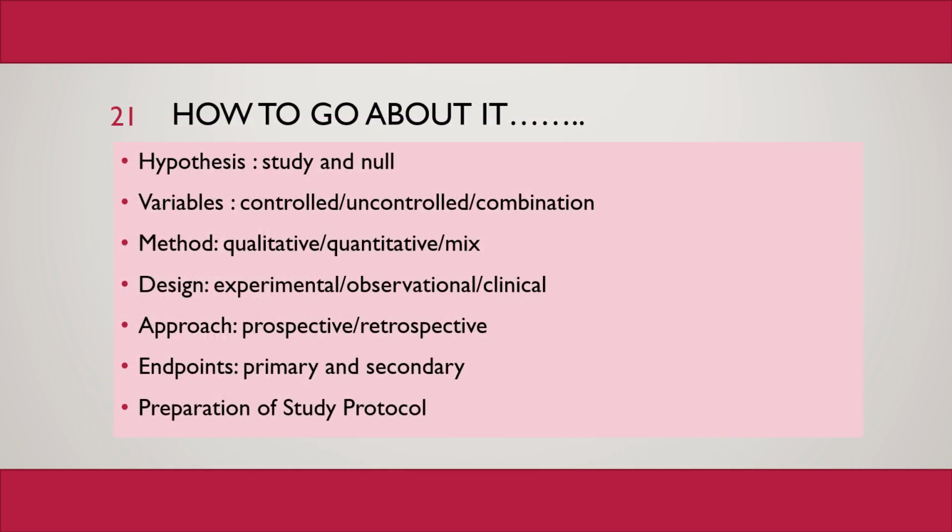So how to go about research? In any of these types or paradigms, literary, observational, experimental or clinical, it is important to have a hypothesis, to identify variables, to know the type of method, whether it is qualitative, quantitative or mixed, to know the exact design, know the endpoints, and make the study protocol.